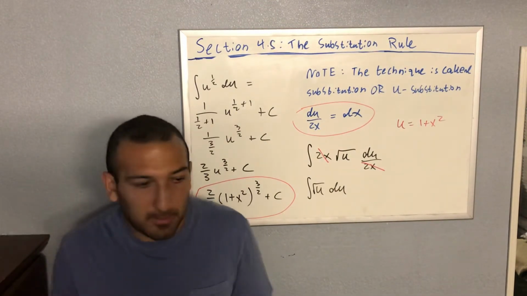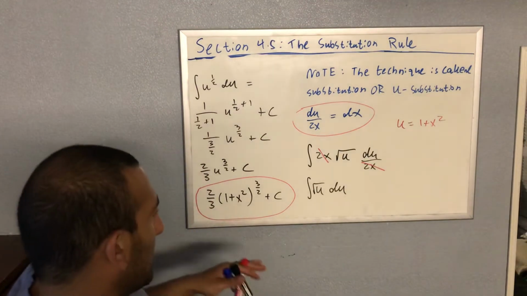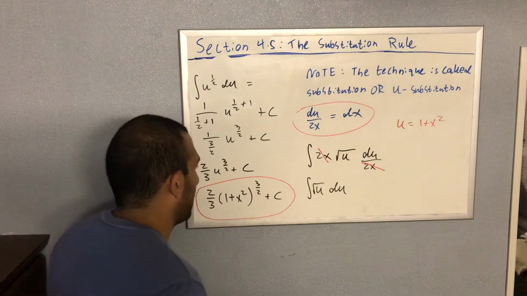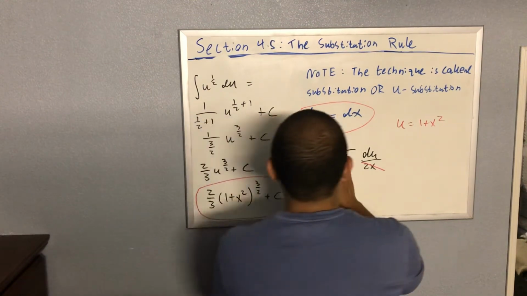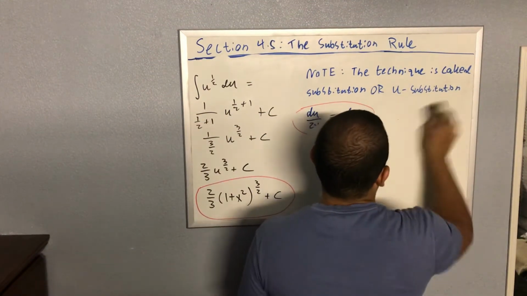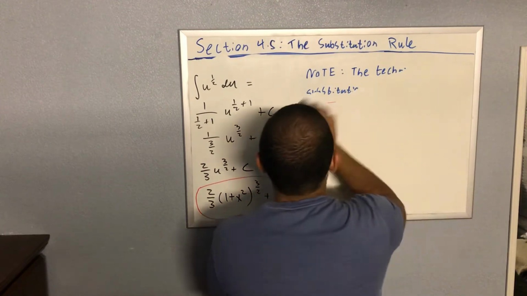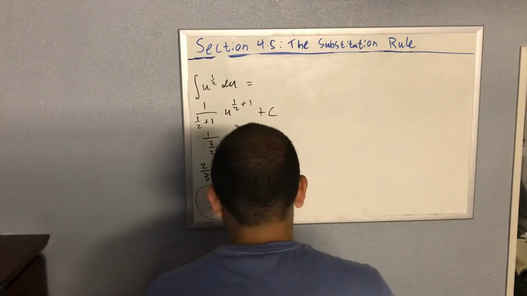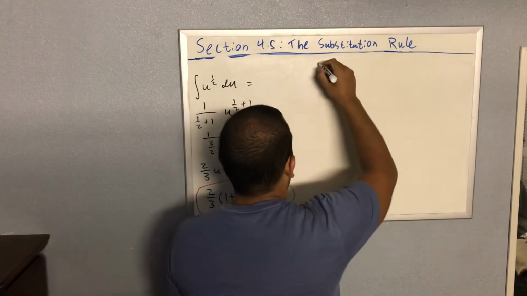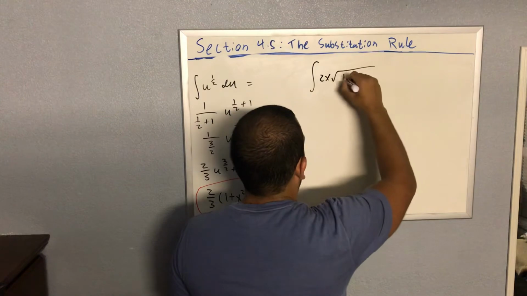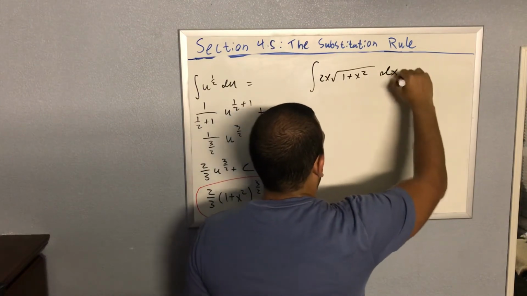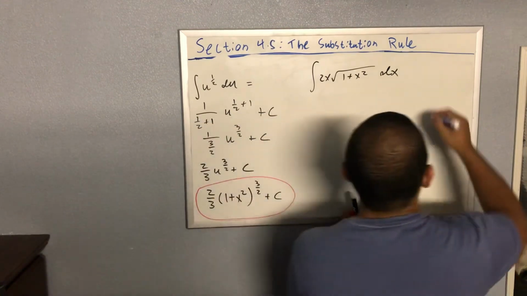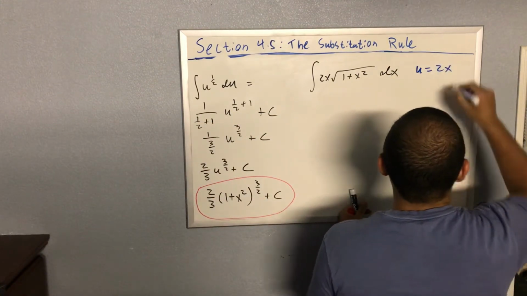So let me talk about maybe why we had to make this choice of u, because it's really important. So let's write the original problem again. Okay. Say we did let u be the other thing. What if we let u be 2x? Okay.